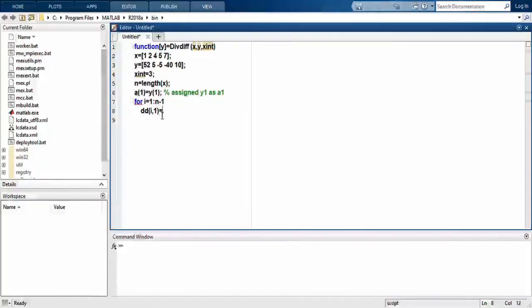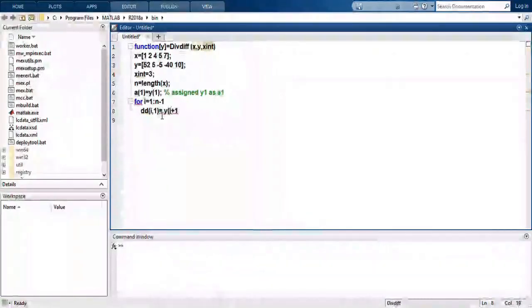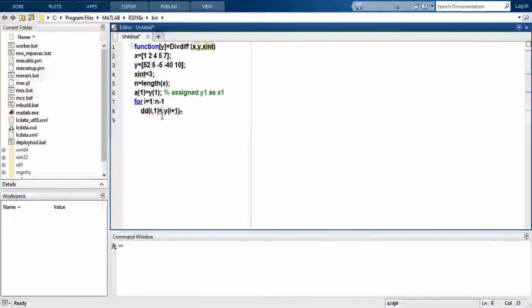So DD calculates the slope, the divided difference between two consecutive points: y of i plus 1 minus y of i, close the brackets, two-point form basically, divided by x of i plus 1 minus x of i.